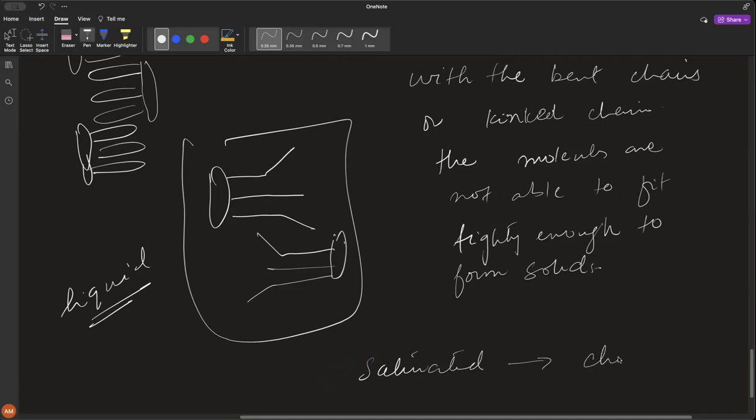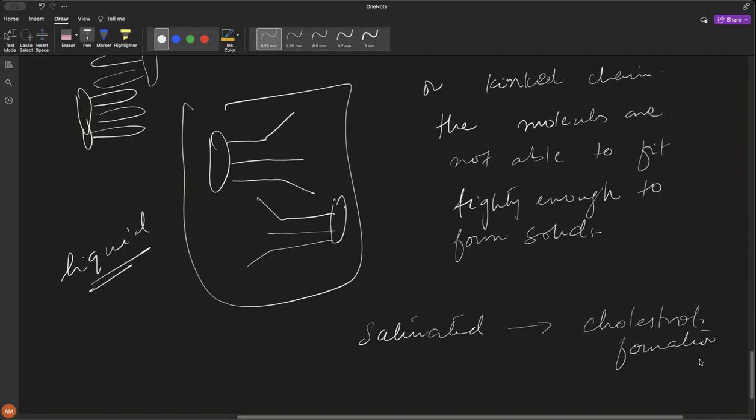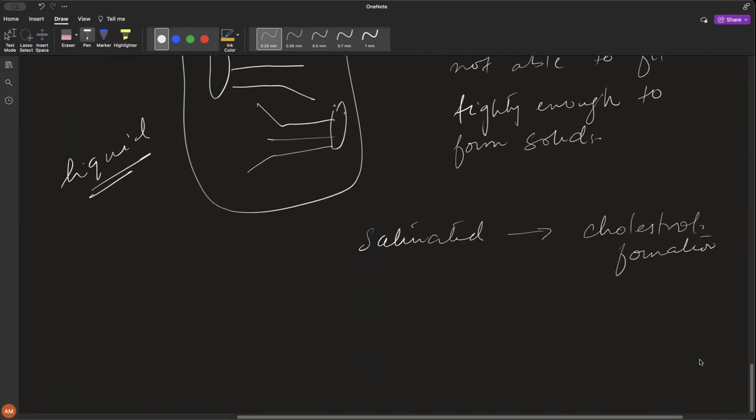They lead to cholesterol formation, which causes narrowing of blood vessels, and which causes a lot more problems. We'll study them when we are studying heart diseases and everything. For now, we just keep it till here.